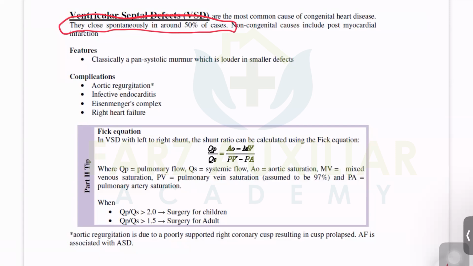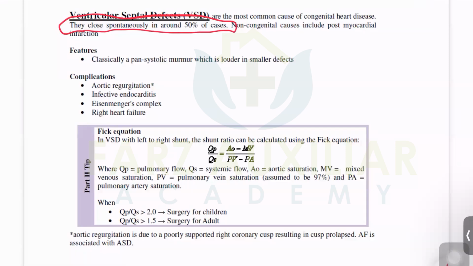It is classically heard as a pan-systolic murmur, which is louder in smaller defects. So the smaller the defect, the shriller is the tone, and you can appreciate it much better. With a larger gap, sometimes you literally don't hear anything. It is only on echocardiography that you see evidence of the VSD.